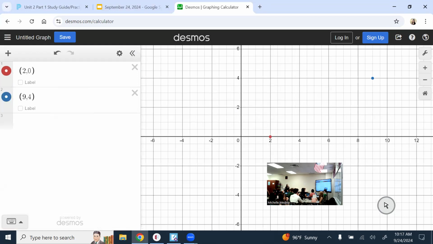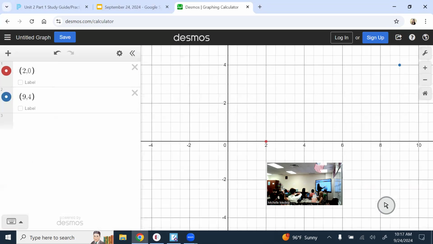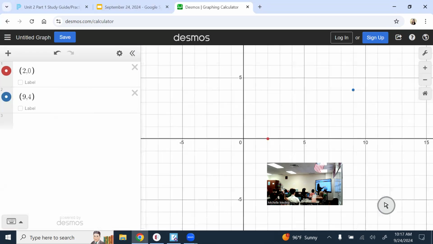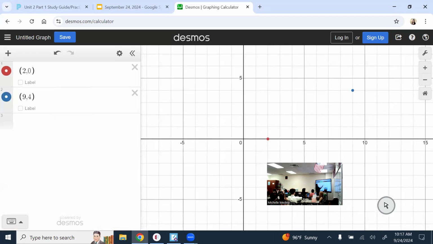You can count your rise over your run. But notice that these tick marks are going up by how many? Not 2. 0.5 actually. So you don't want to count each of these individual ones. You can zoom out so that it becomes counting by ones, and that's nicer.